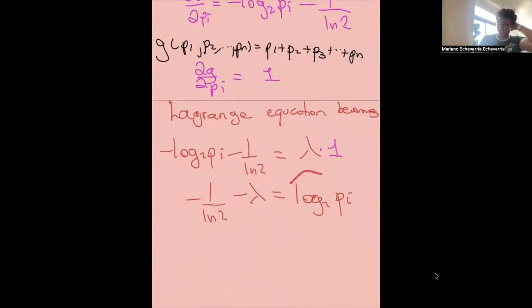So the cool thing here is that this doesn't depend on i, right? This is the same value for every single i. Where do you see an i here? Nowhere. So it's the same for every single i.